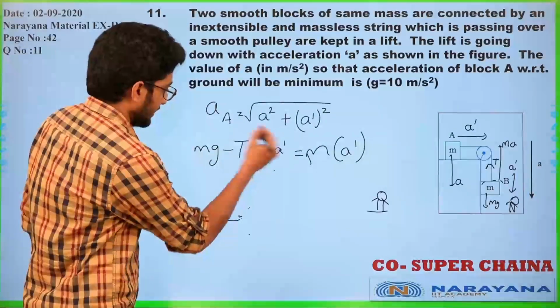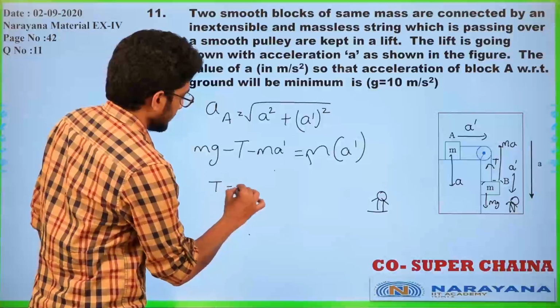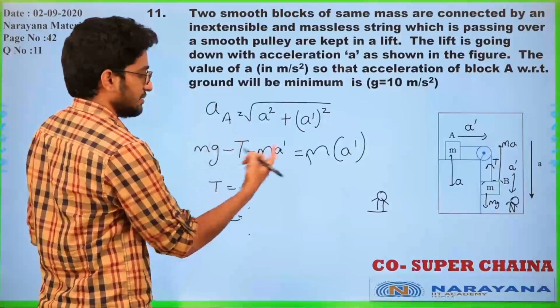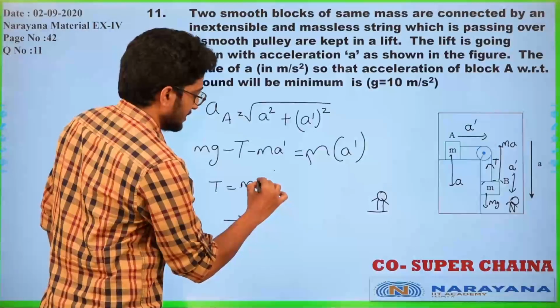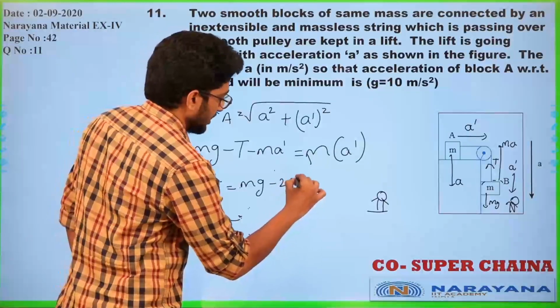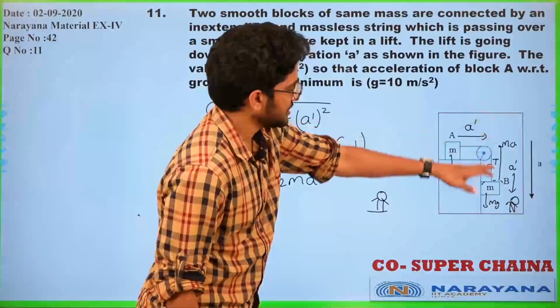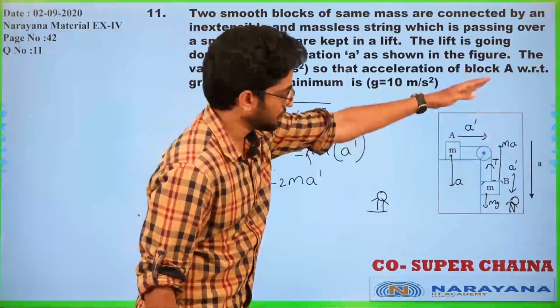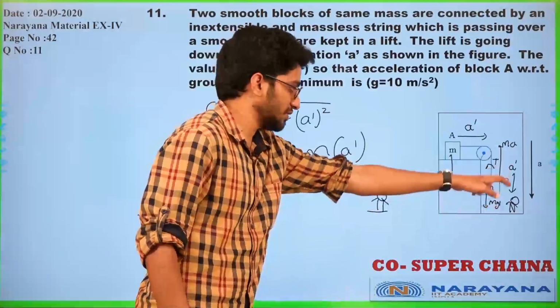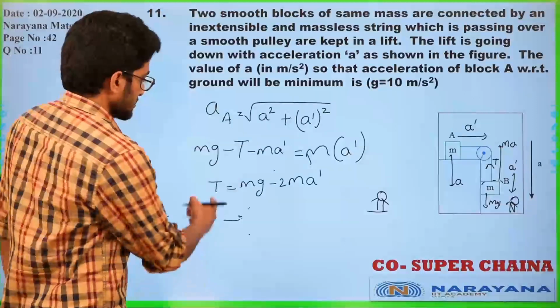So what do I get here? I get tension as mg minus ma dash minus ma dash, mg minus 2 ma dash. Net force on this is mg minus t minus ma. Net 2 forces upwards, 1 force downwards, that is equal to m into its acceleration, right? So now I got tension.